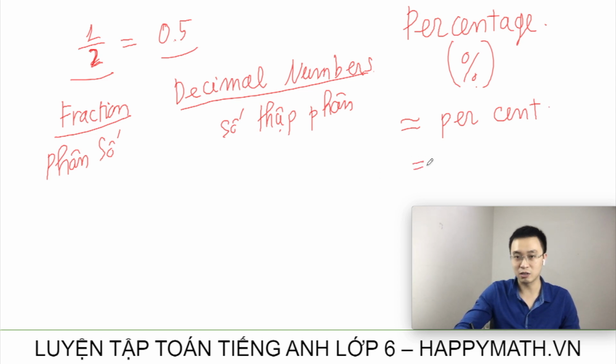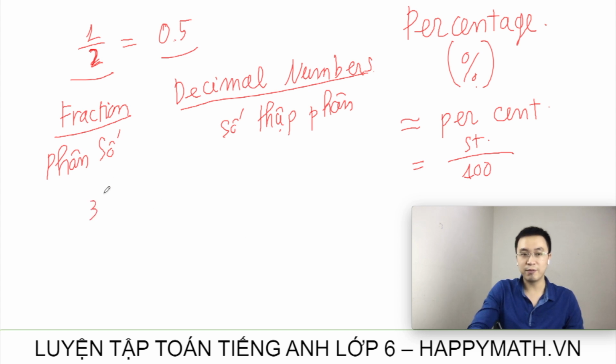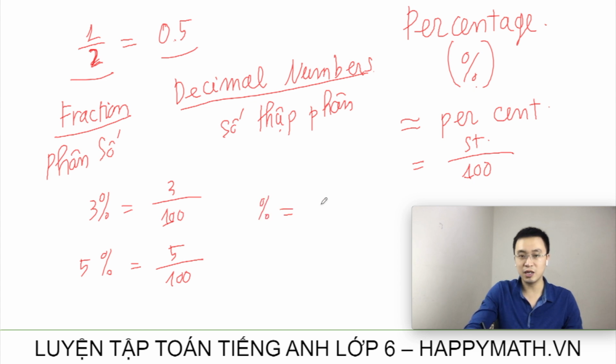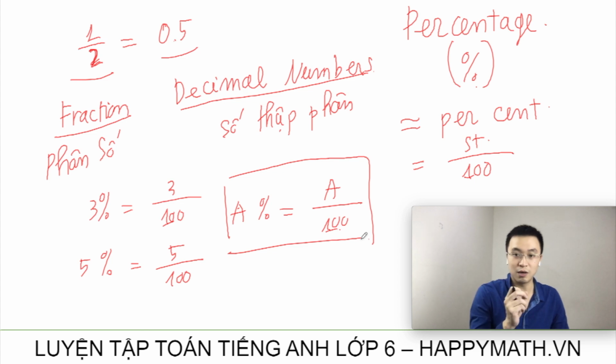For example, 3% means 3 over 100. 5% means 5 over 100. The percent sign means something divided by 100. 8% means 8 divided by 100. That is the main point of this video.